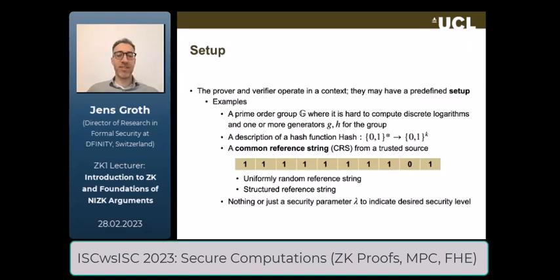Or maybe they agree that we're going to be using this hash function. Maybe it's SHA-256, a very popular hash function. You can also have zero-knowledge proofs where there's no setup at all, they just get going, okay? But sometimes setup can help you get better efficiency or better security.